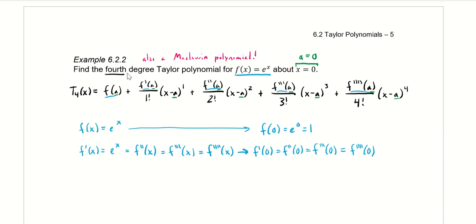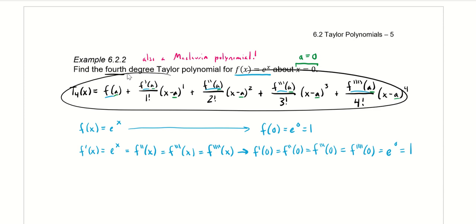And since all of the derivatives are also e to the x, this is going to be e to the 0, or 1. So in this case, my function at 0 and all of its first four derivatives at 0 are all equal to the same thing, which makes our structure here a little bit easier.